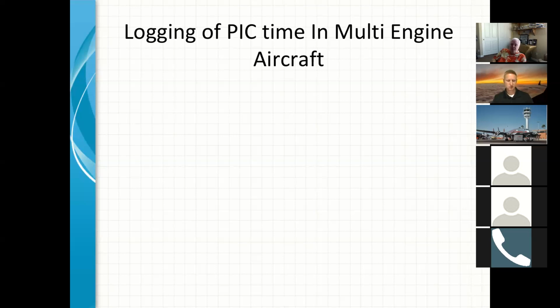God forbid something should happen and that individual's logbooks are examined and there was some lack of correct logging of their aircraft time, which could obviously cause FAA issues as well as insurance issues.